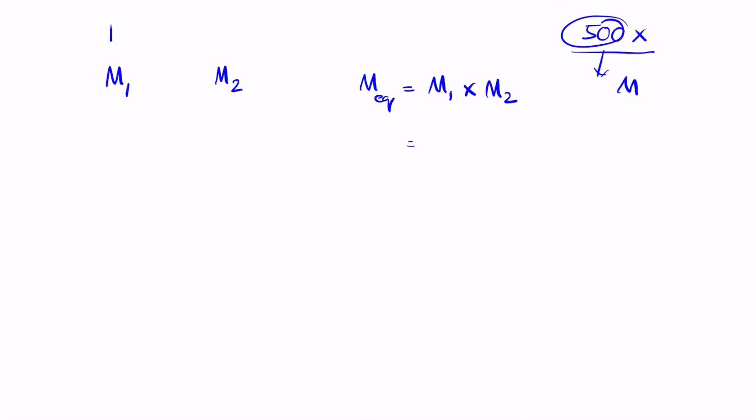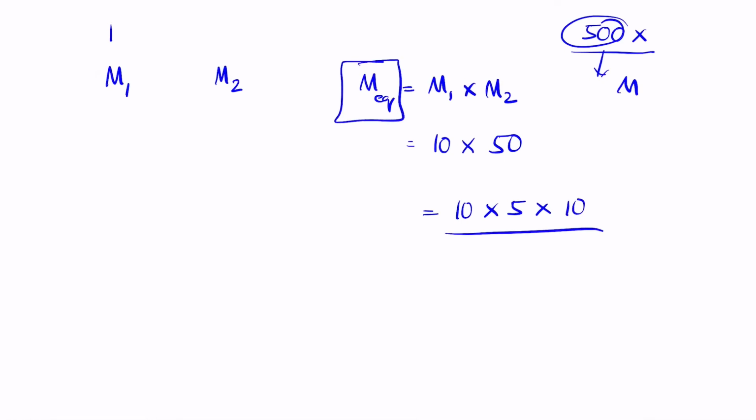It can be achieved by using a lens of magnification 10 and a lens of magnification 50, or we can use three lenses of 10, 5 and 10, or four lenses. This way, by combining lenses, we can increase the magnification by a factor.